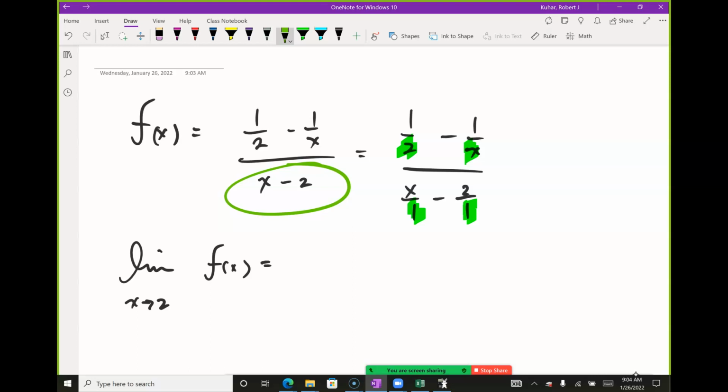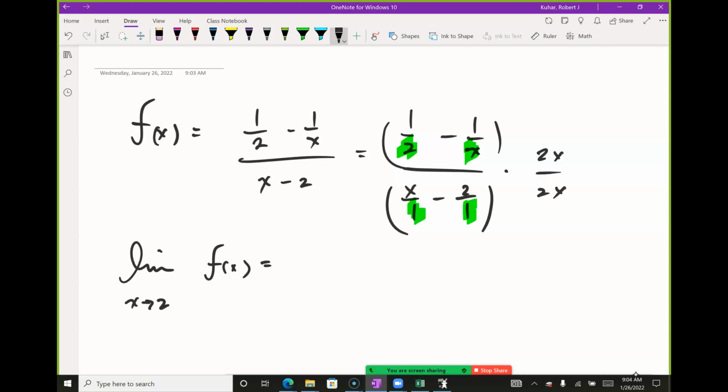I'm thinking about the denominators of each term in the numerator, denominator of each term of the denominator, right? And so that LCD, or I could just do the product of that, is 2x. Right, so I'm just taking all those highlighted green denominators and multiplying them together. And then, if I just found a common denominator, I can reduce it and I get the LCD.